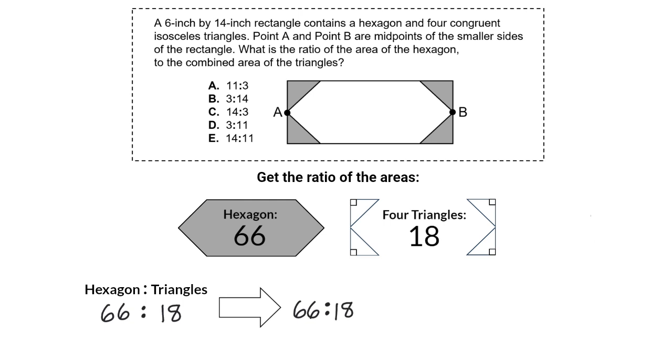Even though that's the correct answer, it's not part of your answer choices, which probably means your ratio can be reduced. So I'm going to go ahead and write this ratio as a fraction, and I'm going to reduce it. 66 and 18 are both divisible by 6.